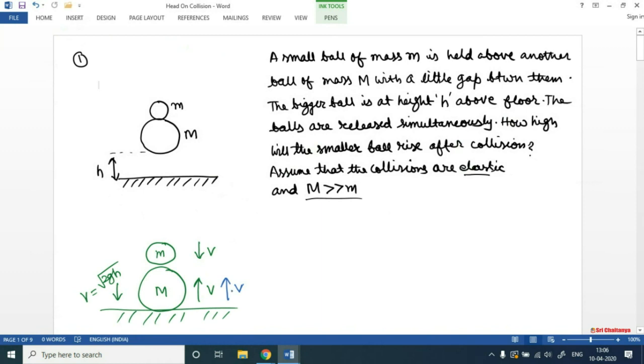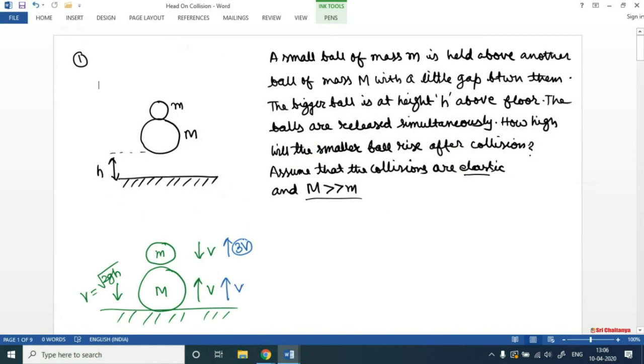Before the collision, the velocity of approach is 2v, so after the collision the velocity of separation is also going to be 2v. So this smaller body will be moving with v plus 2v, that is 3v velocity.